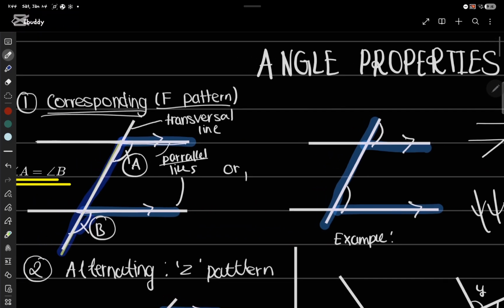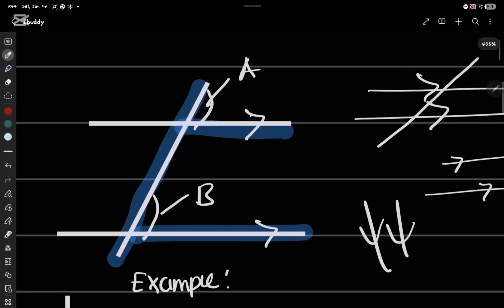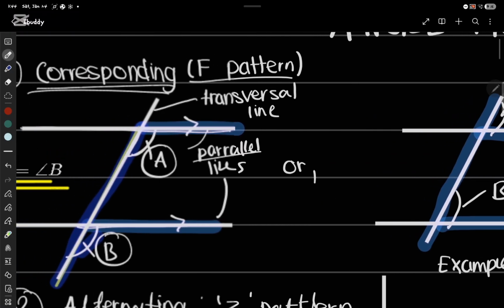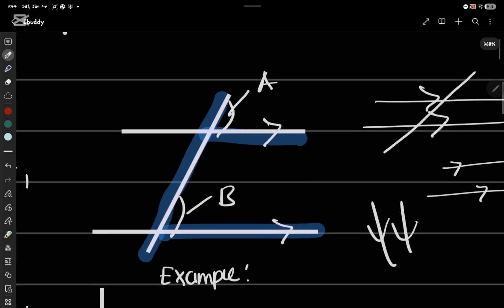And this has another variation where this is A and this is B, and they're also the same. But this time, instead of two of them being under the parallel lines and meeting at the transversal, they again meet at the transversal, but both of them are above the parallel lines respectively.